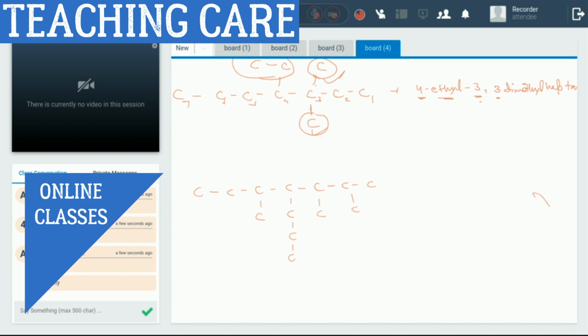So see, what can we do here? If we start the numbering, 1, 2, 3, 4, 5, 6, and 7, right? If I talk about 4, this is propyl, and these are the methyl.